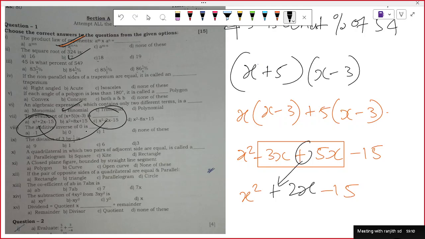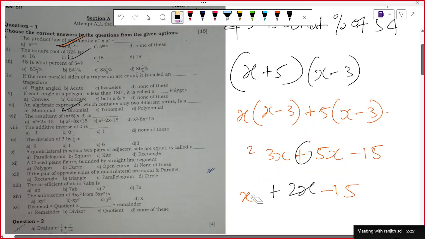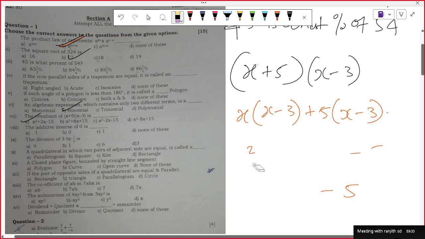This is what makes the difference. In spite of solving so much, if you go wrong with plus and minus, you lose the entire 1 mark. This is one disadvantage of MCQ questions. The answer is A, x square plus 2x minus 15.